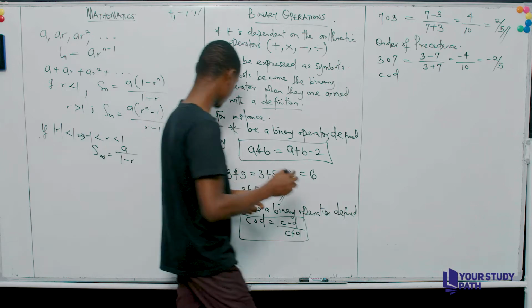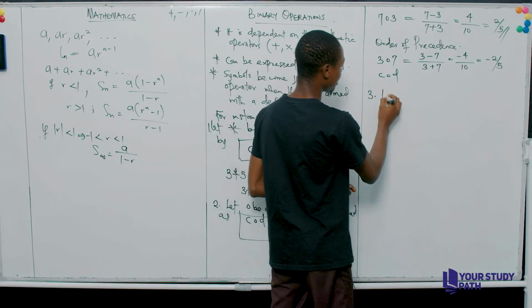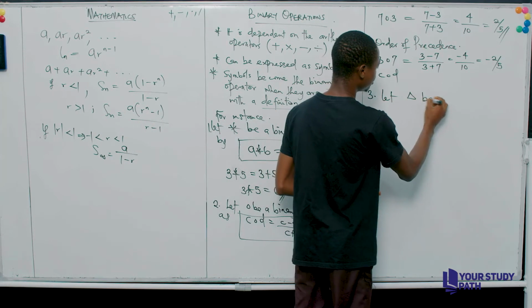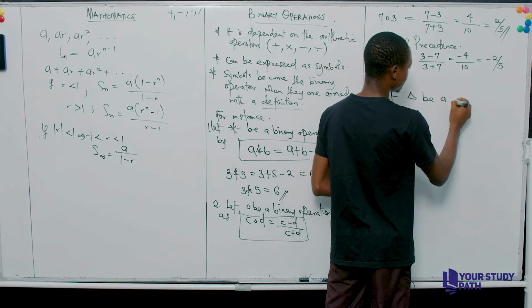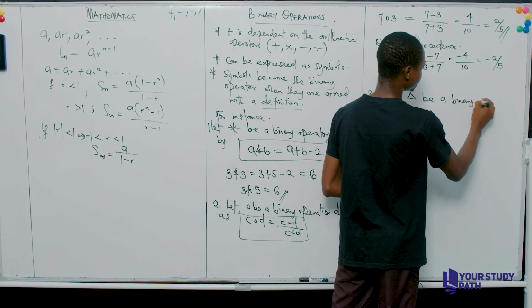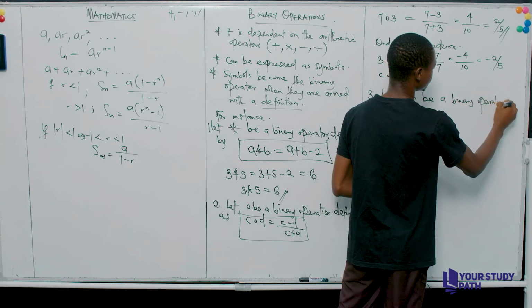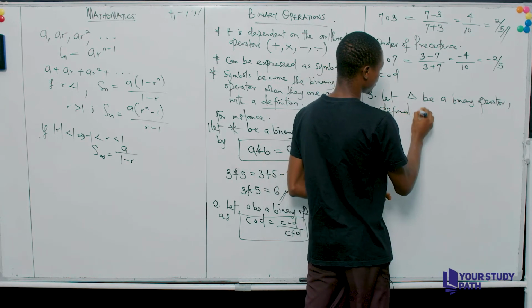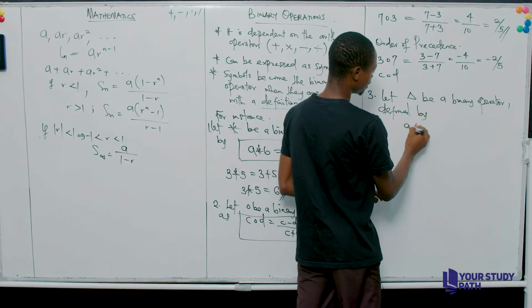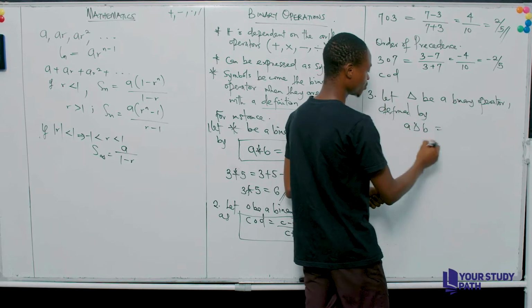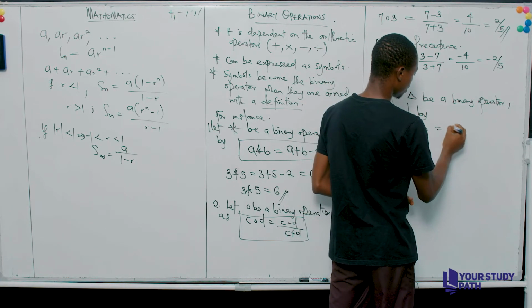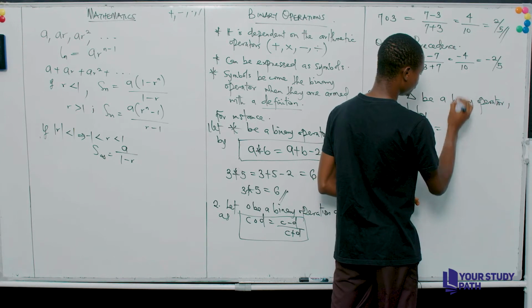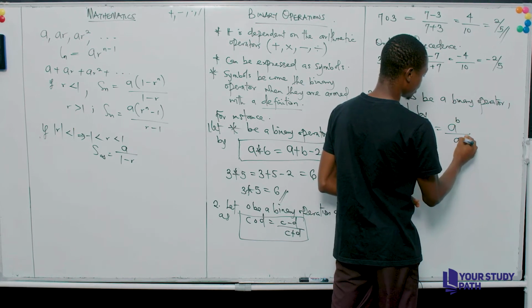Let's take another one. Let triangle be a binary operator defined by A triangle B is equal to A raised to the power of B divided by AB.